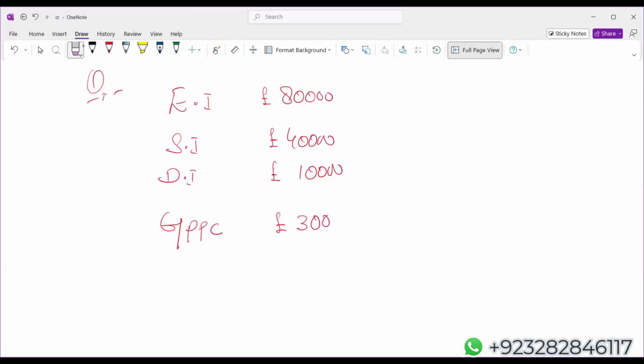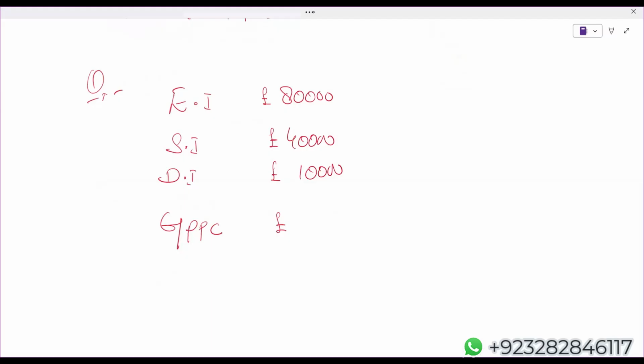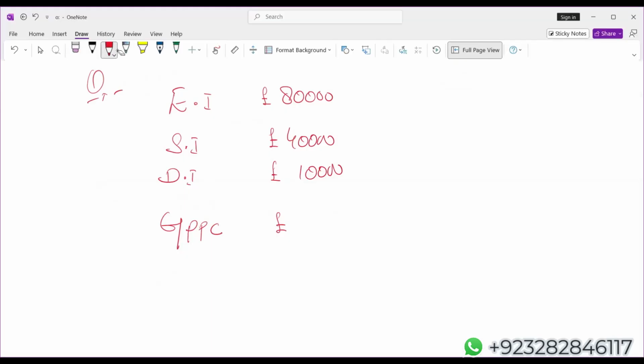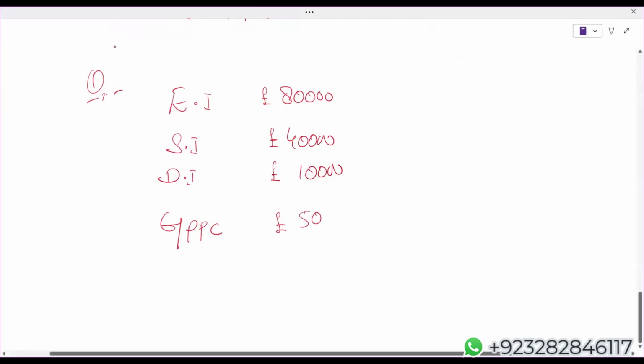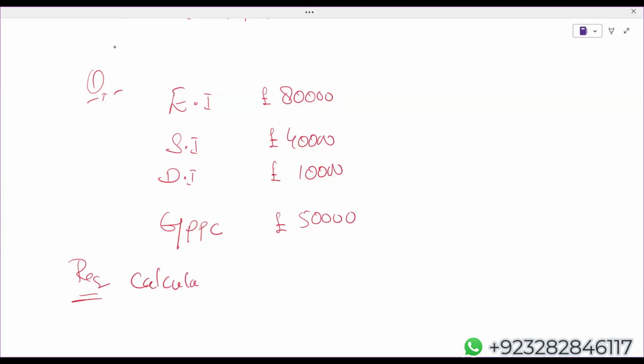Let me change this. Gross PPC is 50,000. Required: calculate income tax saving from gross PPC.